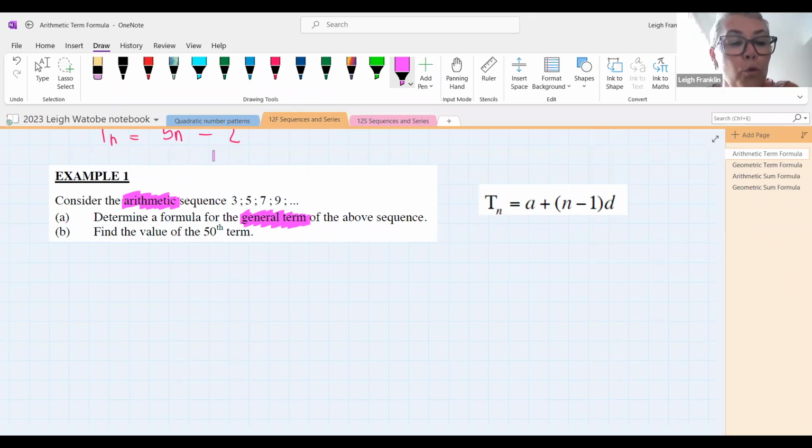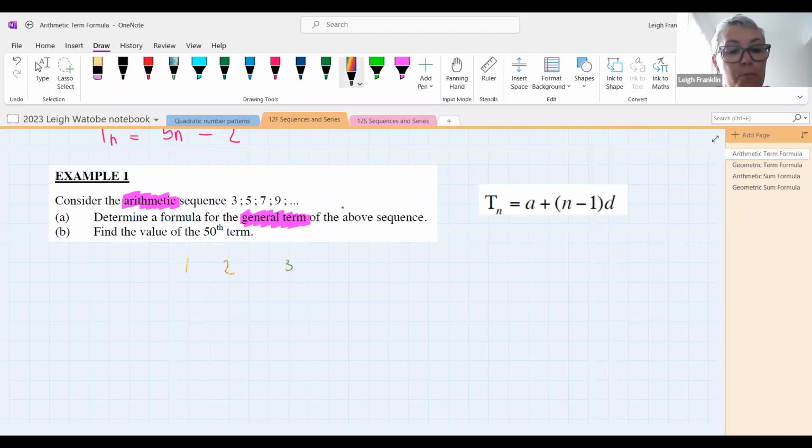Okay, normally what they would do in exams is that they would tell you in the form an plus c or bn plus c, or whatever the case is. All right, so they mean they want Tn equals a plus (n minus 1)d. So the first thing that we need to do is work out the, anybody want to tell me what's the first thing we need to calculate or establish?